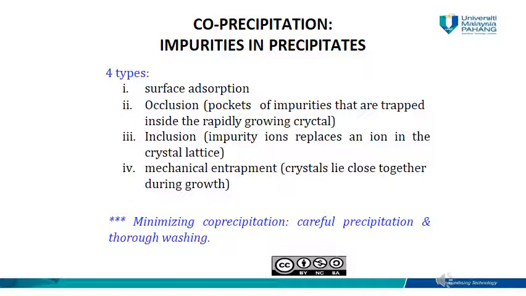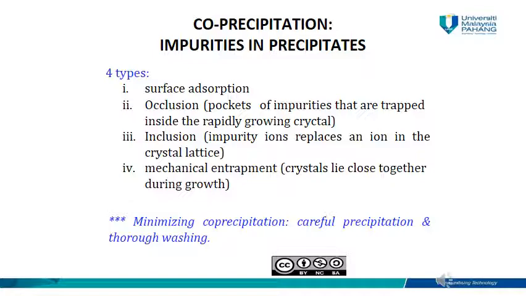co-precipitation. The first one is surface adsorption, which occurs on the surface only. The second one is occlusion. This is what we call pockets of impurities that are trapped inside the rapidly growing crystal. The third one is inclusion.